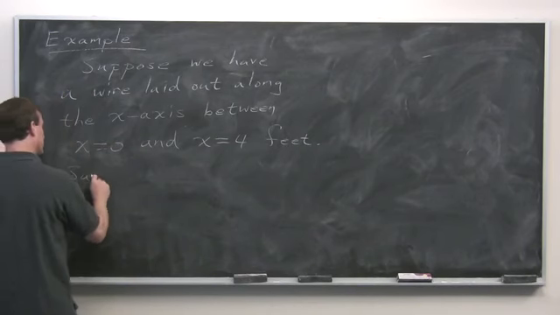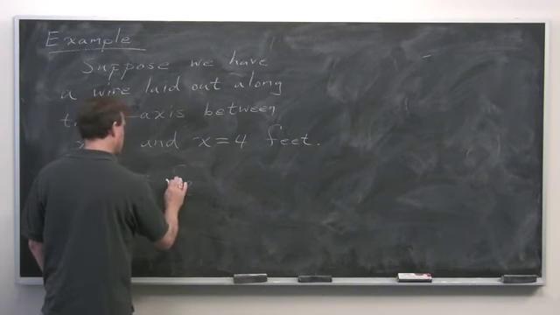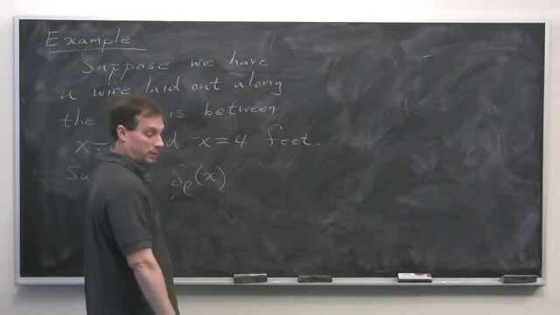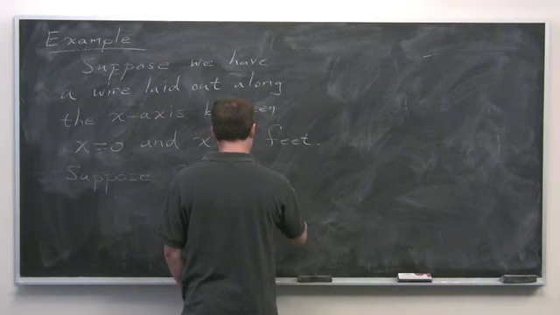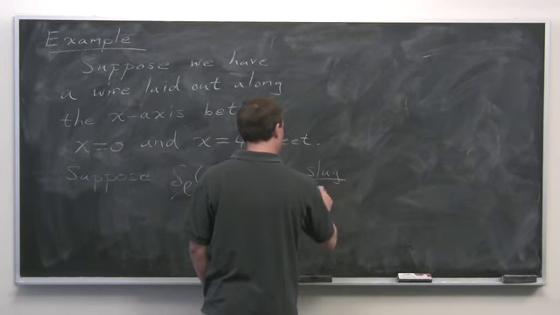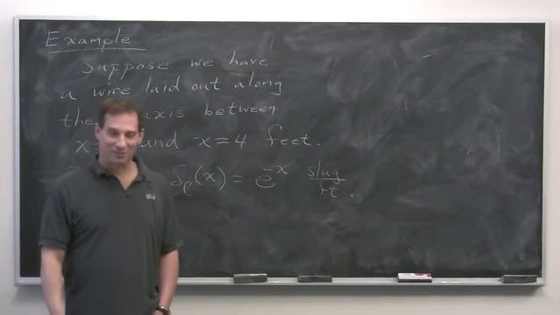Suppose the length density, so delta sub L of x, is, I want e to the minus x slugs per foot. Oh wait, as far as I know, there's no abbreviation for the unit slugs.